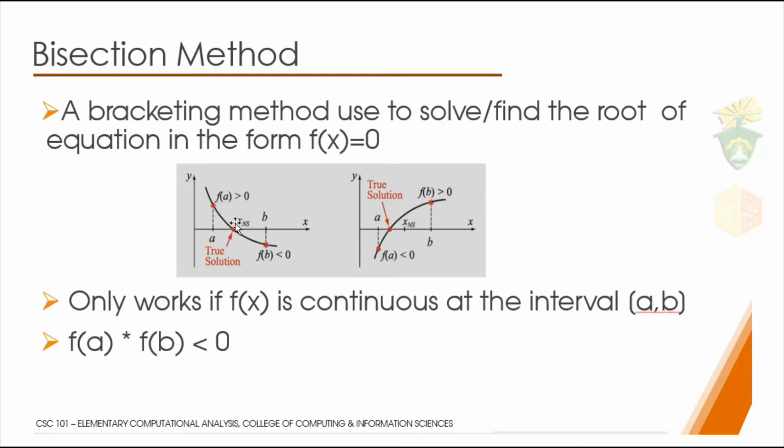Thus, if we multiply f of a and f of b, since they have different signs, the product should be less than 0. Since one is always negative, if we multiply f of a times f of b, the result should be negative.